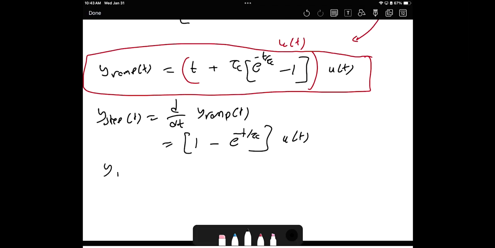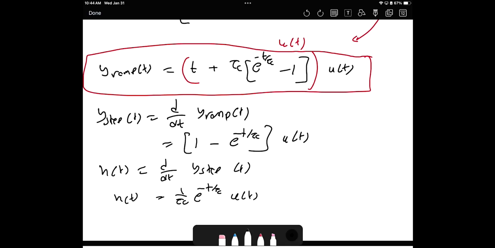Or when you do y impulse, which is h of t, it will be d by dt of y step of t. This yields, I think it should be, you can test it, 1 over tau c e power negative t over tau c u of t.